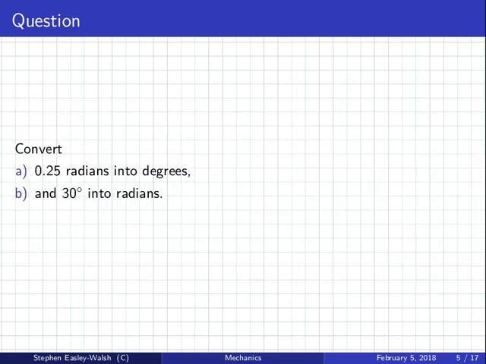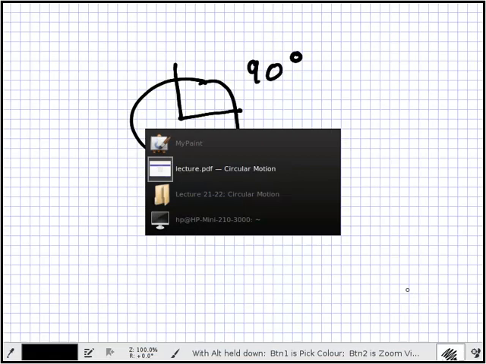Right. Okay. So here are two small questions I want you to do on your calculator. I want you to change a quarter of a radian into degrees, and I want you to change 30 degrees into radians. Let me open up my calculator too.